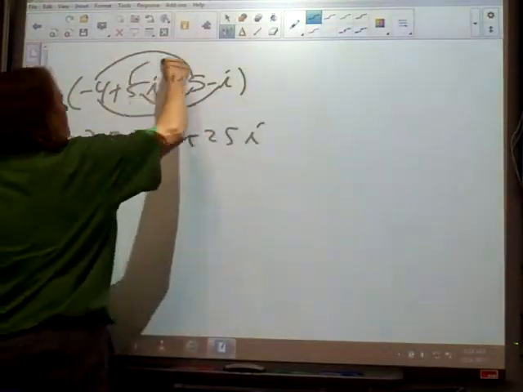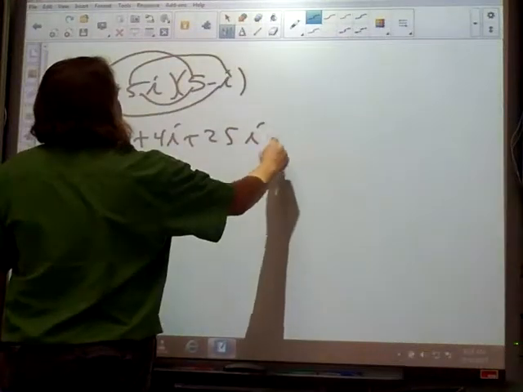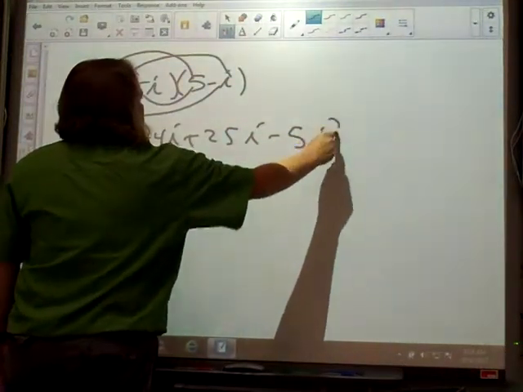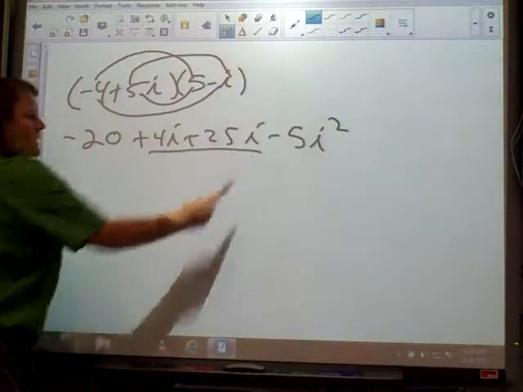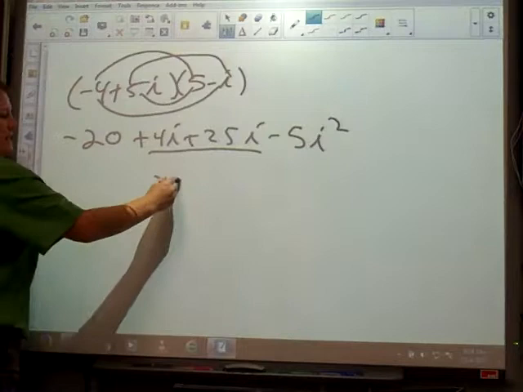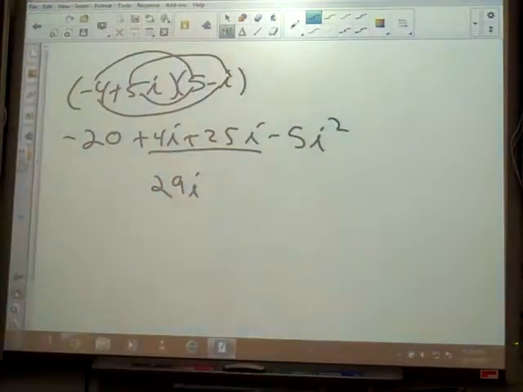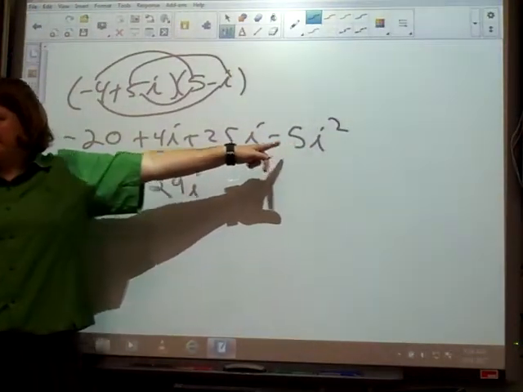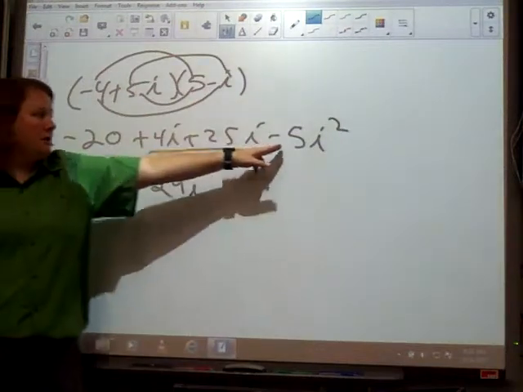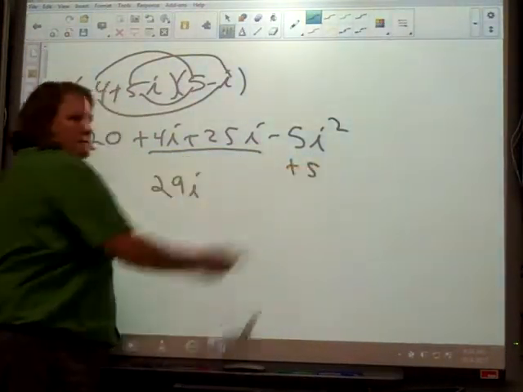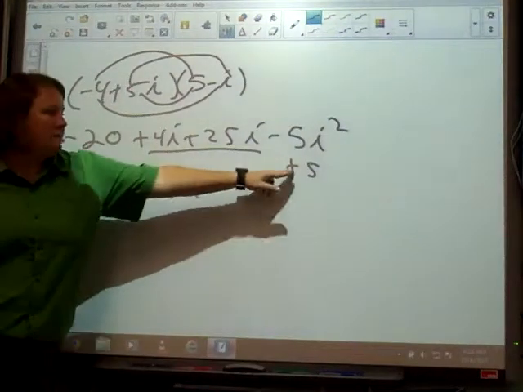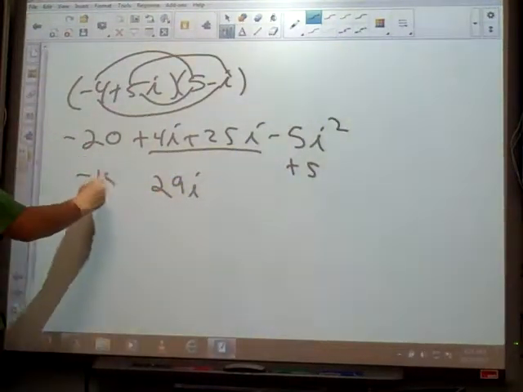And my last, 5i times negative i is negative 5i squared. Alright, like terms: 4i and 25i, that's 29i. What's i squared the same as? Negative 1. Good, so it makes negative 5 times negative 1, which makes that a plus 5, right? Negative 20 plus 5, negative 15.